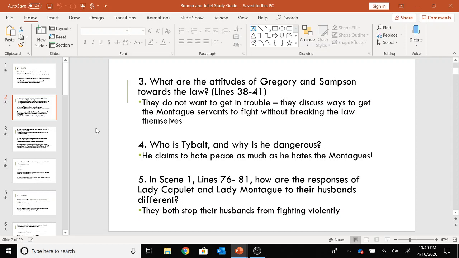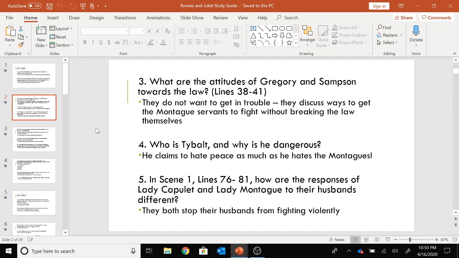He claims to hate peace as much as he hates this family. Does that mean, possibly, that he would in fact deliberately do something that would destroy a resolution between the families because he hates peace so much as he claims? Something to keep in mind, something to keep note of.